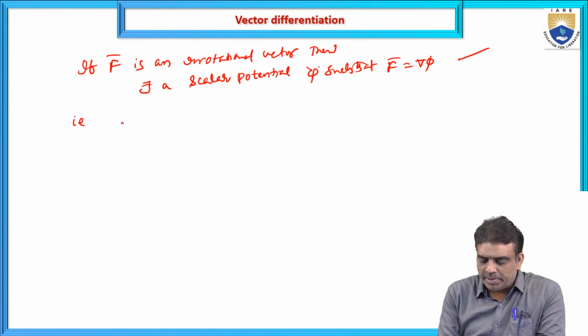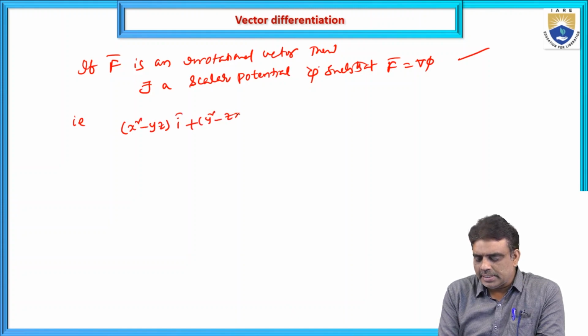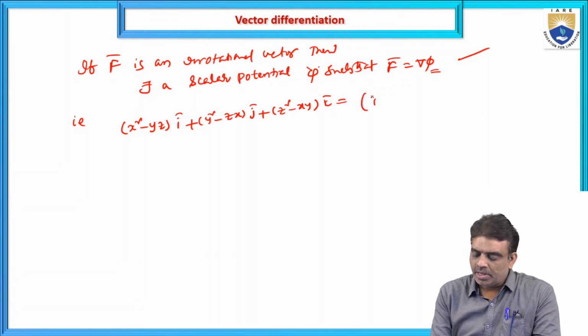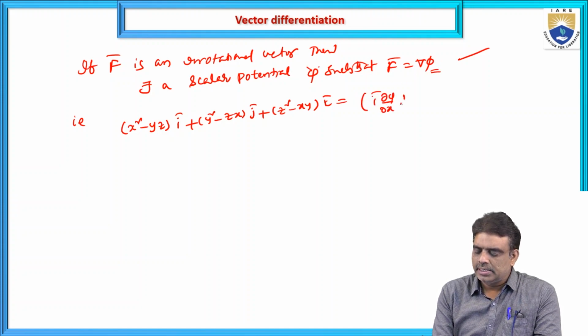F bar means x square minus yz into i bar plus y square minus zx into j bar plus z square minus xy into k bar is equal to grad phi. What is grad phi? i bar dou phi by dou x plus j bar dou phi by dou y plus k bar dou phi by dou z. So what is our aim?